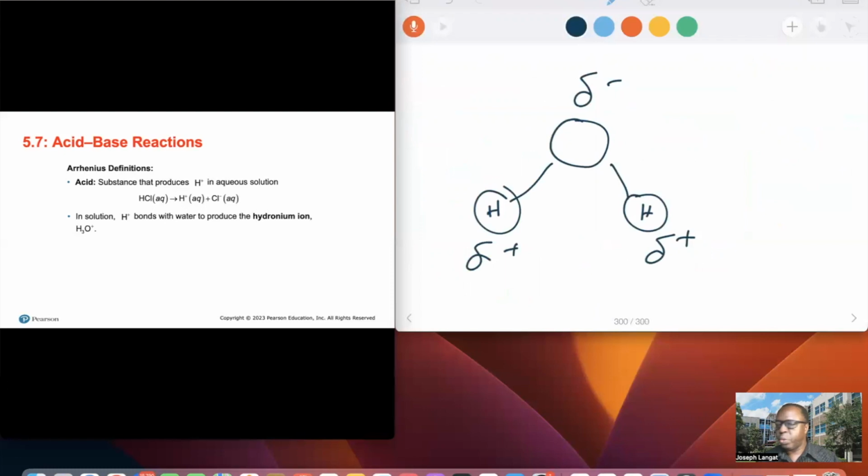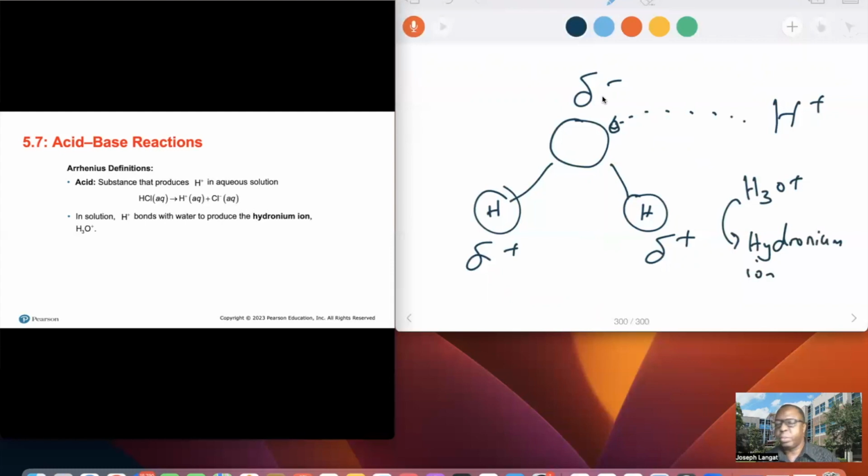This is the electron-rich portion of the molecule, and therefore the hydrogen ion produced by the acid will get associated with the oxygen atom in the water molecule to form what we call hydronium ion.